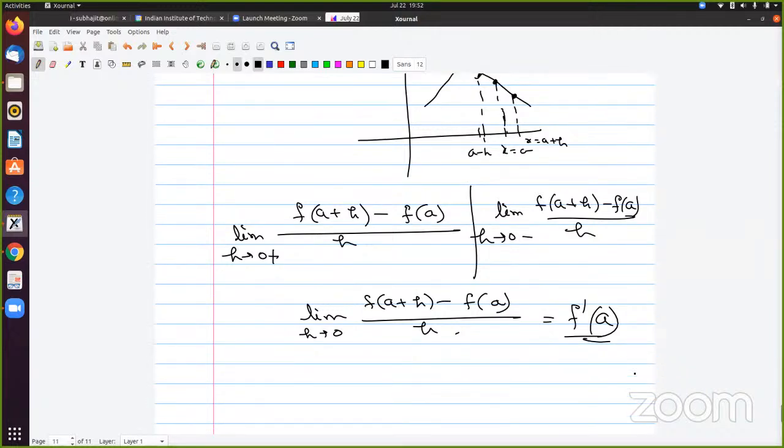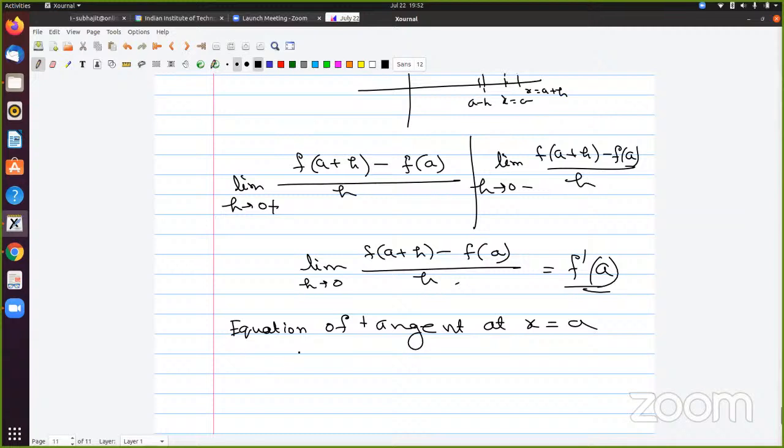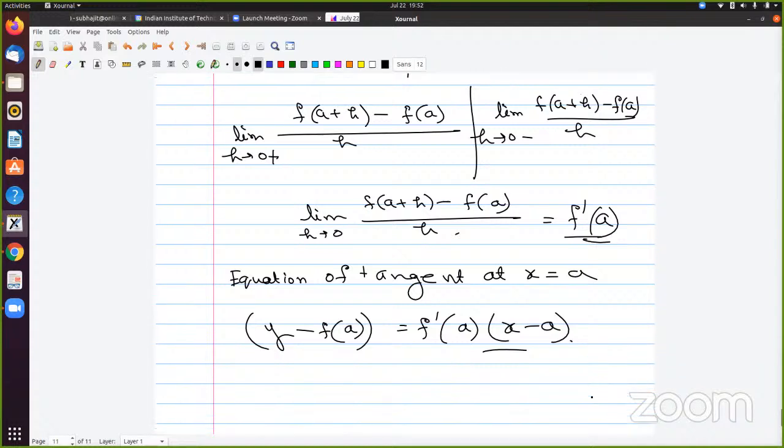Now, do you remember what was the equation of the tangent in this case? This is f dash a times x minus a, right? So if we want to write y equal to something: y equals f dash a times x minus a plus f a.